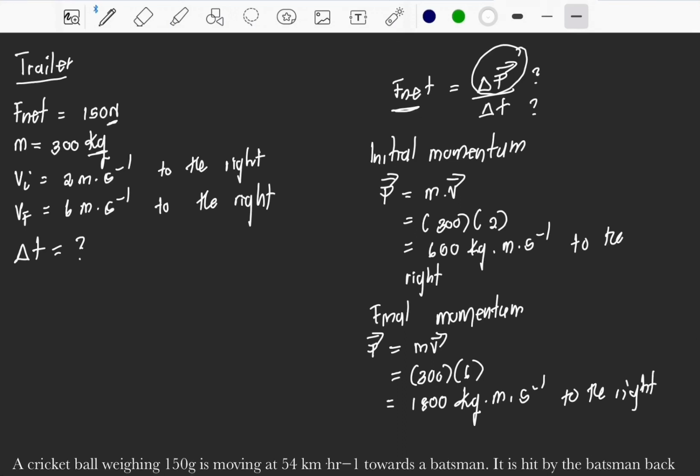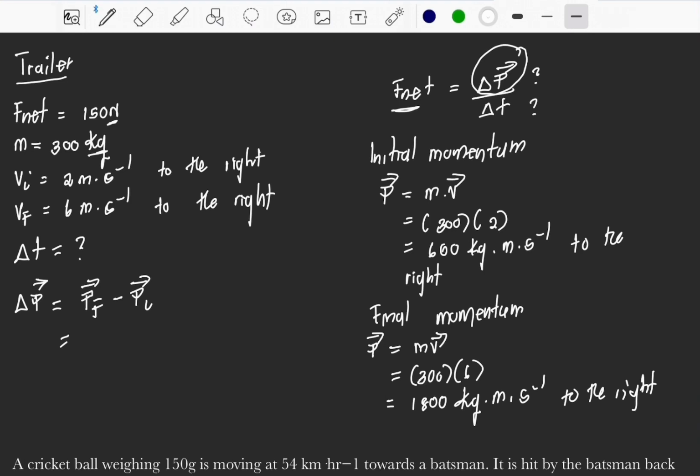So now we have the initial momentum and we also have the final momentum. So it means we can find the change in momentum. So change in momentum is equal to the final momentum minus the initial momentum.